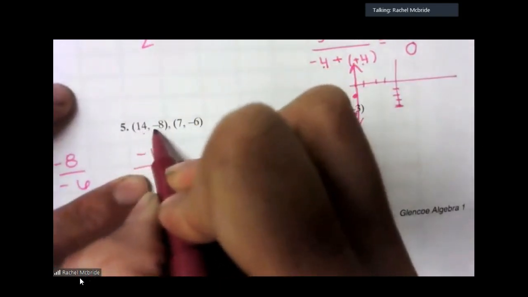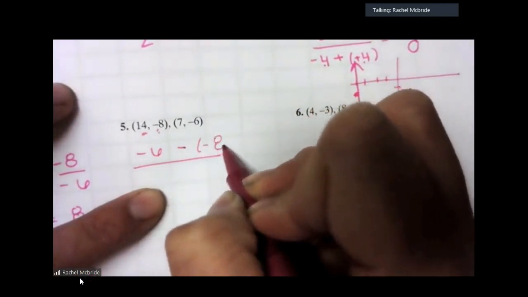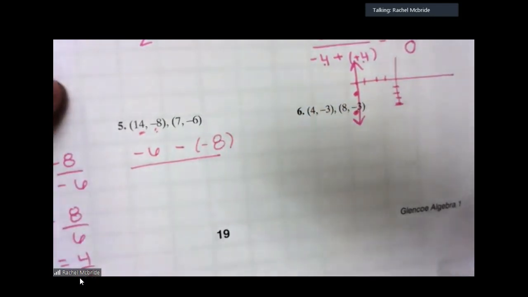Okay, number 5. Dominique? Okay, tell me how you plugged in to start. So you flip-flopped your 8 and 14. Should be negative 6 minus what you had, but negative 8.